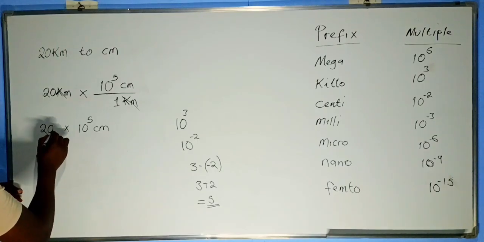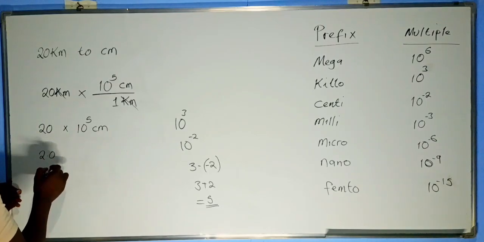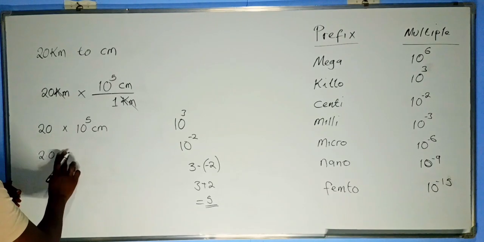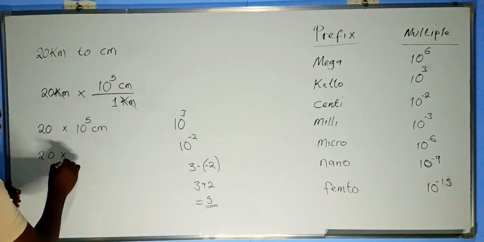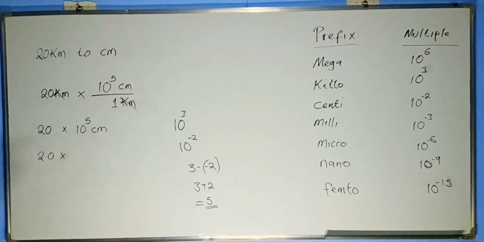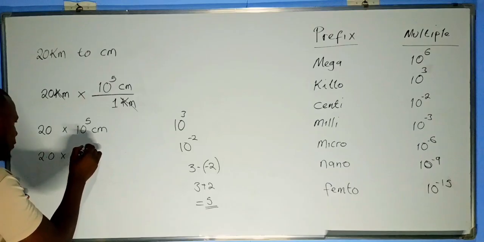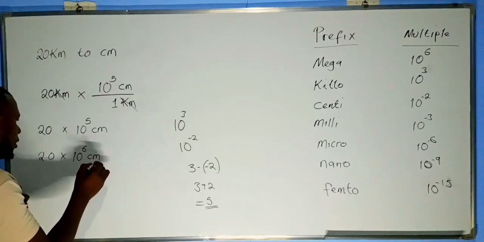So we're moving it from here to in between there, and it will be 2.0 multiplied by. Now, when you're moving your decimal point from the right to the left, your power increases. So this will be multiplied by 10 to the power of 6 centimeters.